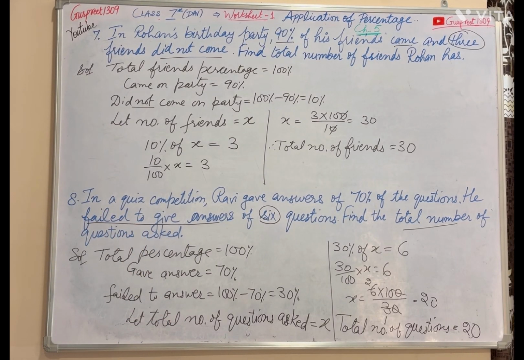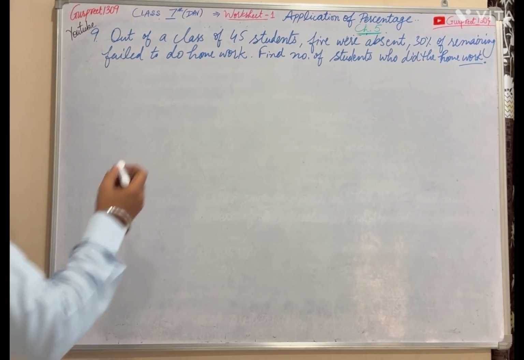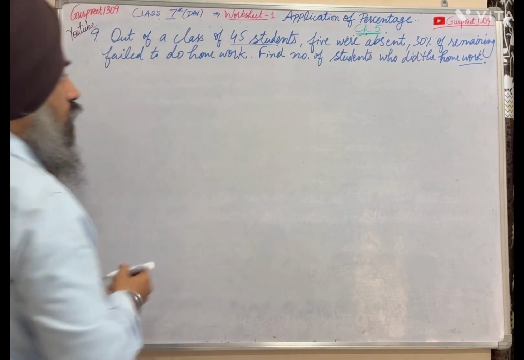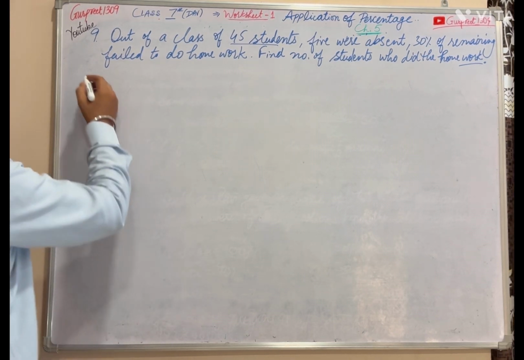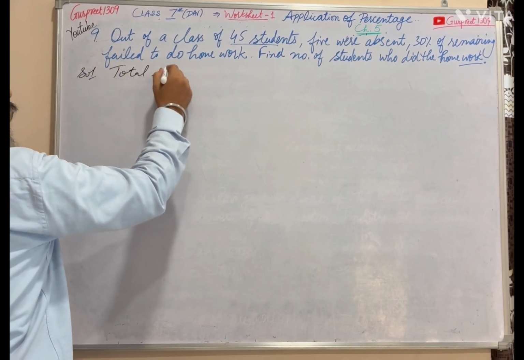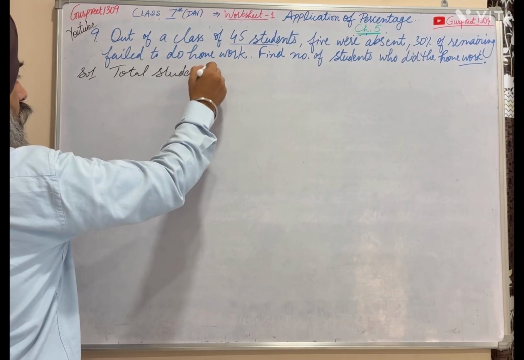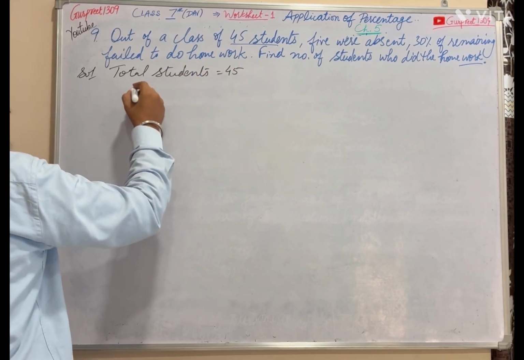Now we'll move towards the last question of this worksheet, number 9. Out of a class of 45 students. Here we are given the total students, 45, and 5 are absent. So we can write total students 45, absent 5.